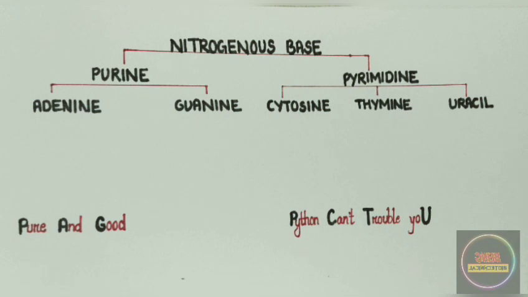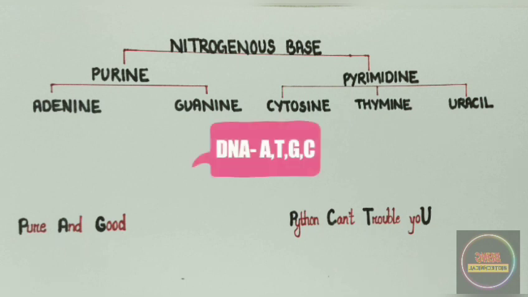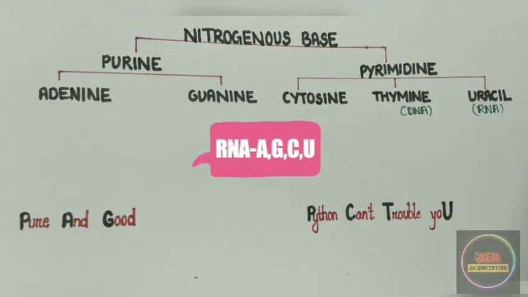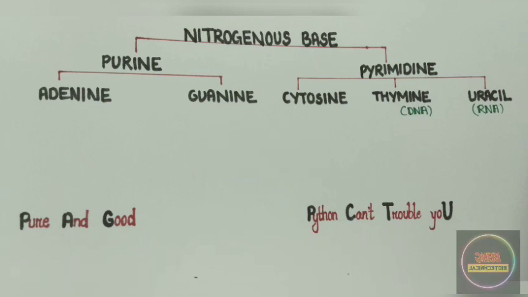One more thing you need to recall is that thymine is only present in DNA and uracil is only present in RNA. When it comes to DNA you will find adenine, guanine, cytosine and thymine. But when it comes to RNA you will find adenine, guanine, cytosine and uracil.